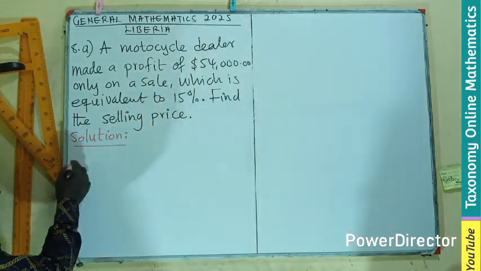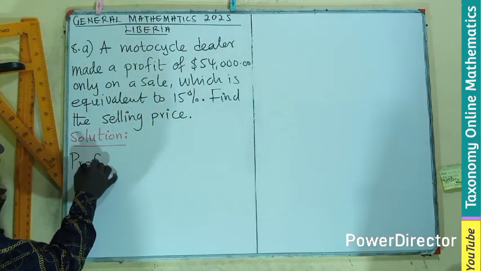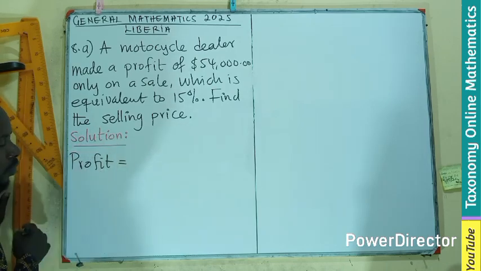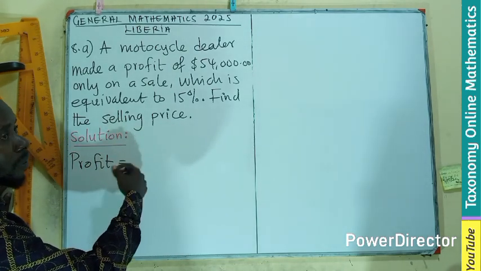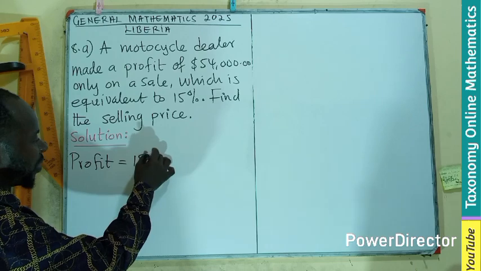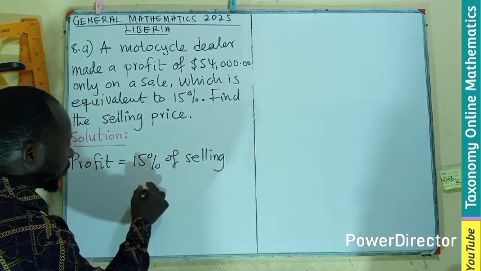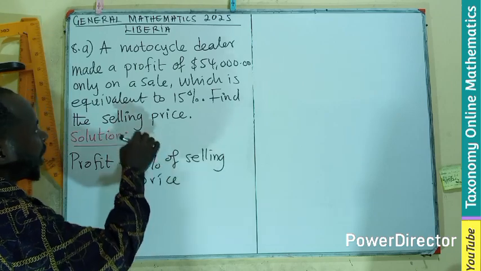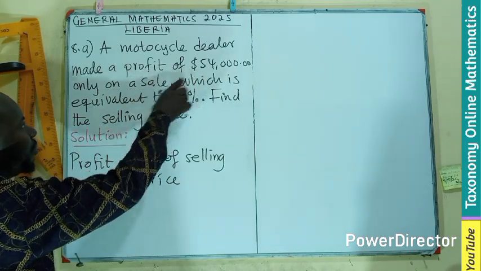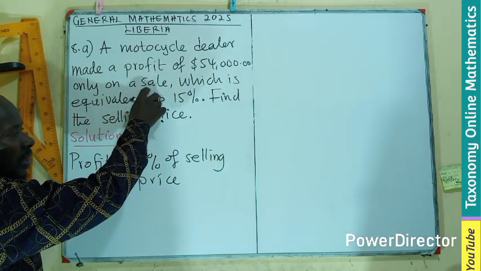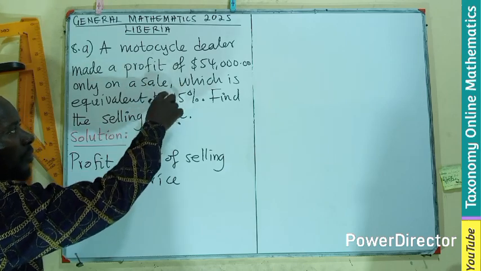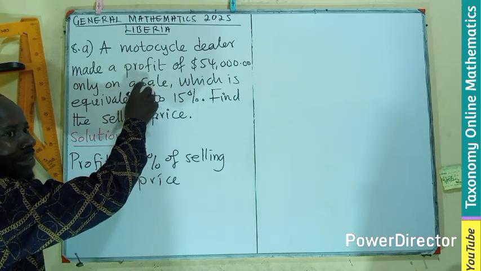So we can easily say that the profit is equal to 15% of the selling price. This profit is made only on the sales, which is the selling price. So the profit is 15% on the sales.